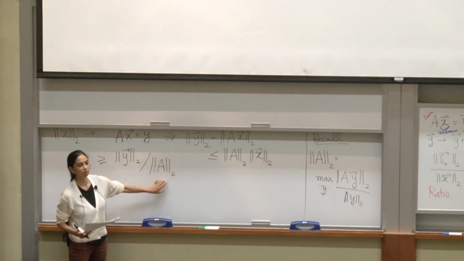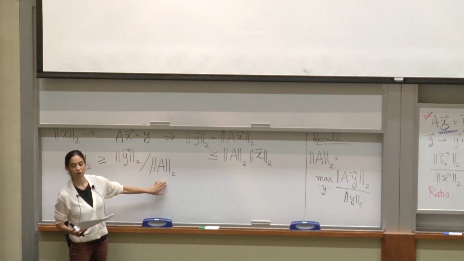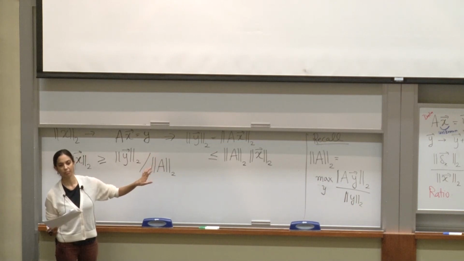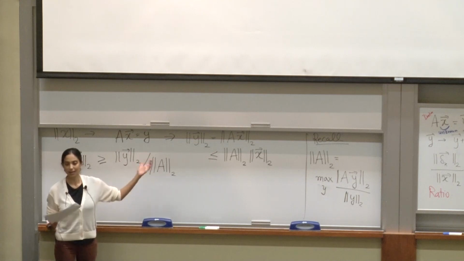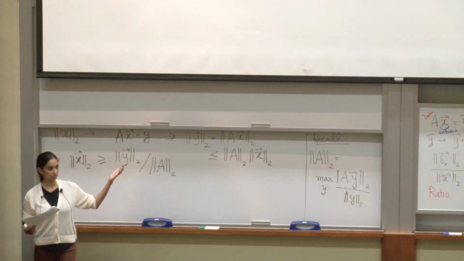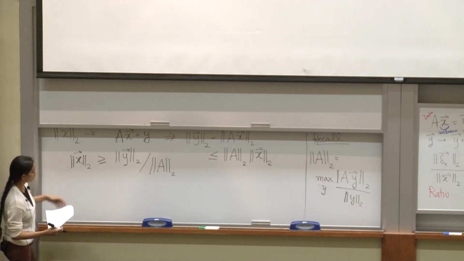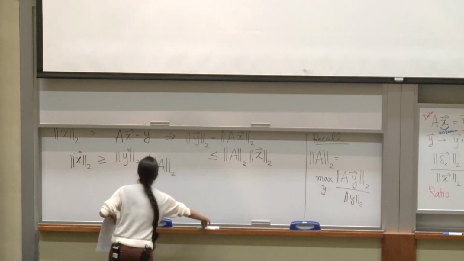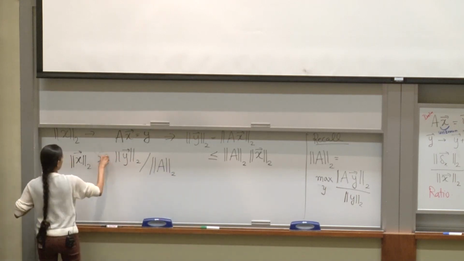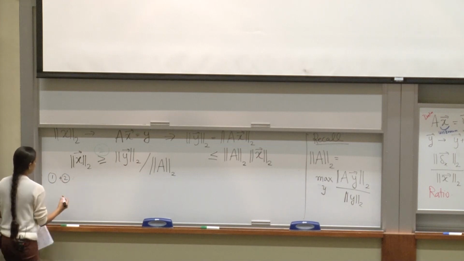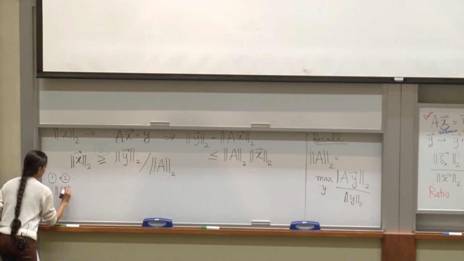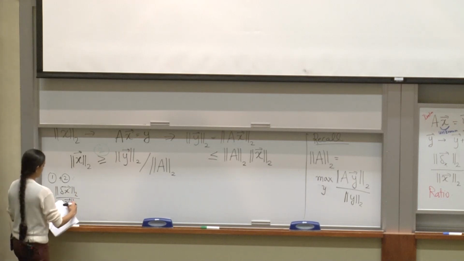Why can I divide by the 2 norm of A here? It's a constant, but what is the one constant I'm not allowed to divide by? 0. So why is this a legal move? A is invertible, so that means it can't be the 0 matrix. Okay, good. So now, can I take 1 and 2 and get a bound? Combining 1 and 2 gives me that delta x, what is this less than or equal to?